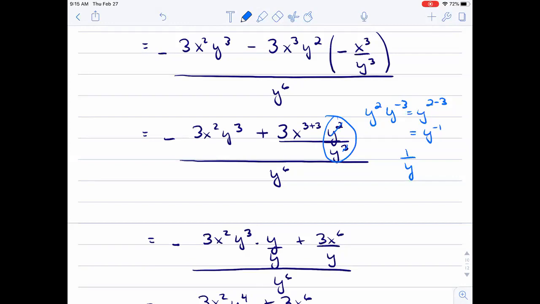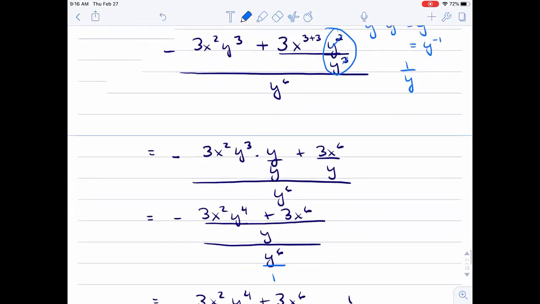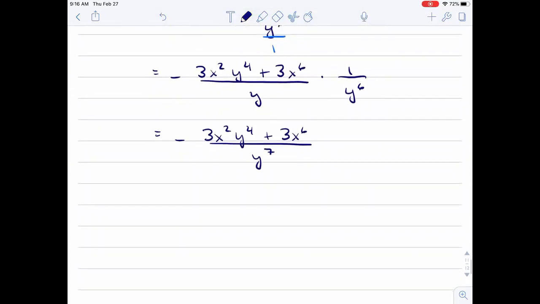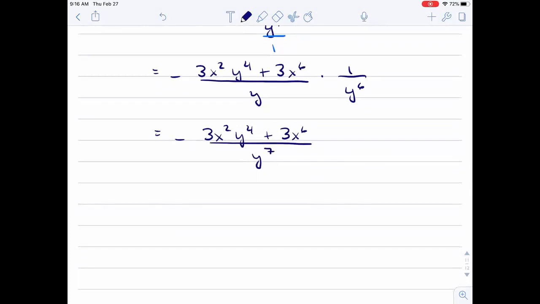It's just confusing because usually when you have a quotient like that, 2 minus 3 is negative 1. That's where I was confused. Yes, it is negative 1, and that's why it's in the denominator. But it's y to the negative 1 up top. So there it is.